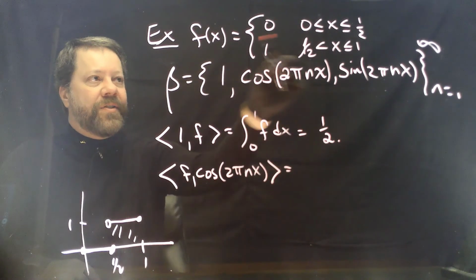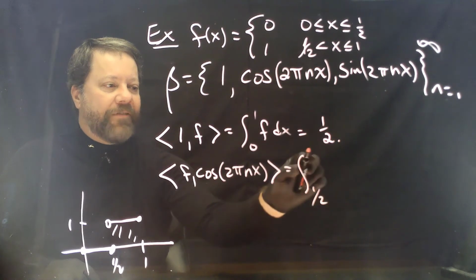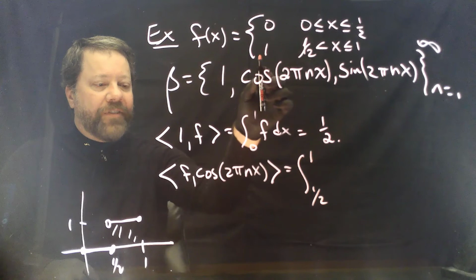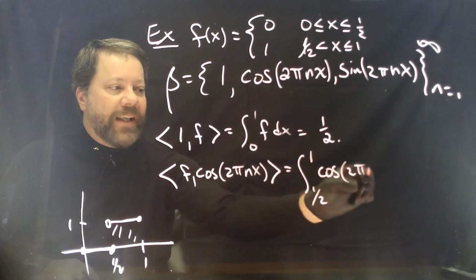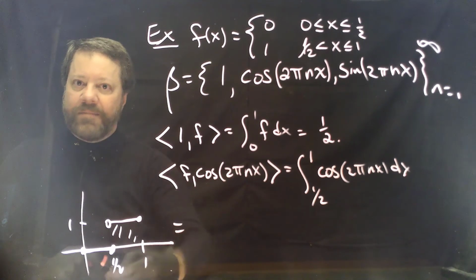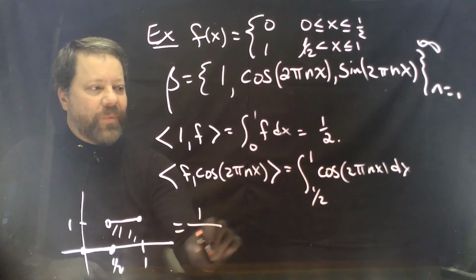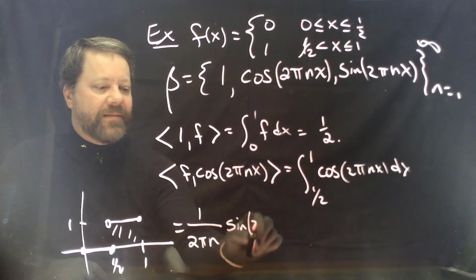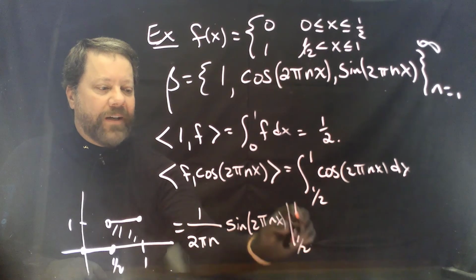Now, let's project our function f onto cosine 2 pi nx. Since this function is 0 until you get to 1/2, we may as well integrate from 1/2 to 1. And then f is 1 after that, so we're just going to have an integrand of cosine 2 pi nx. Well, what does that equal? When we integrate cosine, I'm going to get 1 over 2 pi n times the sine 2 pi nx evaluated from 1/2 to 1.